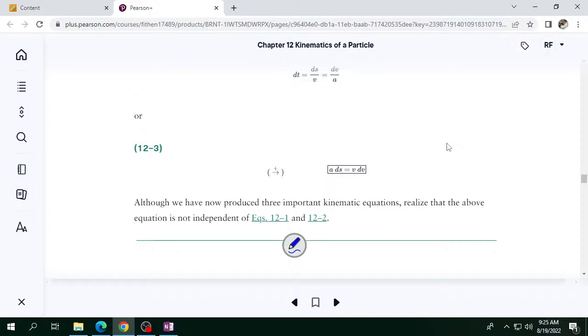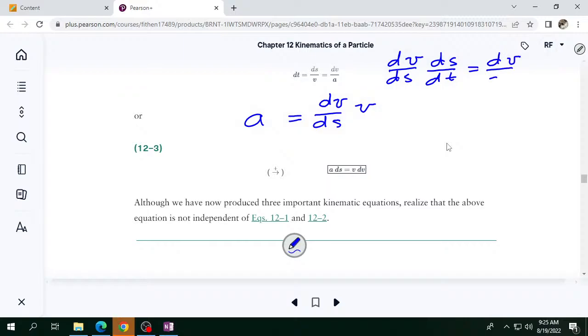So in essence, what we had was velocity times dV/ds is equal to the acceleration. And this came from the fact that dV/ds times ds/dt is equal to dV/dt. But we did not have the velocity written as a function of the time.